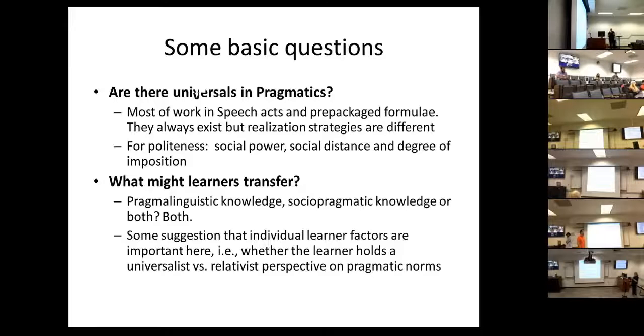When they think that an apology is warranted, based on their understanding of their own pragmatics, they will apologize. If they don't understand that an apology is warranted based on their own understanding of pragmatics in their language, they may not apologize. What we also know when it comes to what they transfer is that individual learner factors are important. One of the things that's really important is whether you hold a universalist or a relativist perspective.